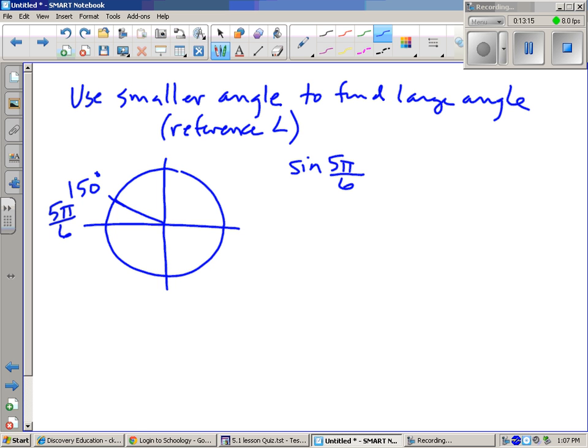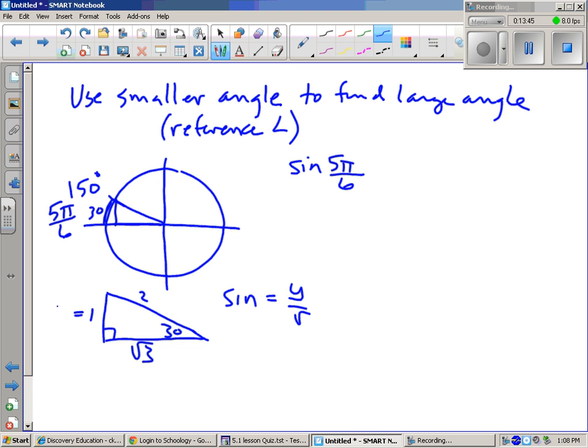Well, if I drew that triangle there, this angle is only 30 degrees. So we can actually think of our 30-degree angle or triangle as we find that. So think of this as 30. The 30 ratio is 1 to 2 to root 3. So if I'm trying to find the sine of 5 pi over 6, sine, remember, is y over r.